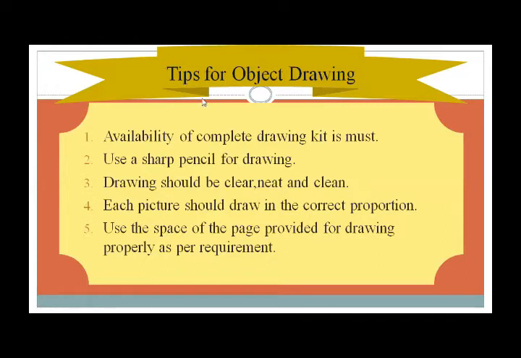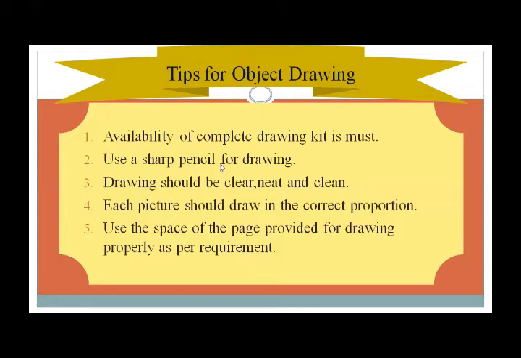Got it? So I have shared the tips for object drawing with you. You must have a drawing kit with you. Drawing kit means your pencil box, stationery box. Every stationery item will be in your kit: pencil, eraser, ruler, sharpener and your colors.